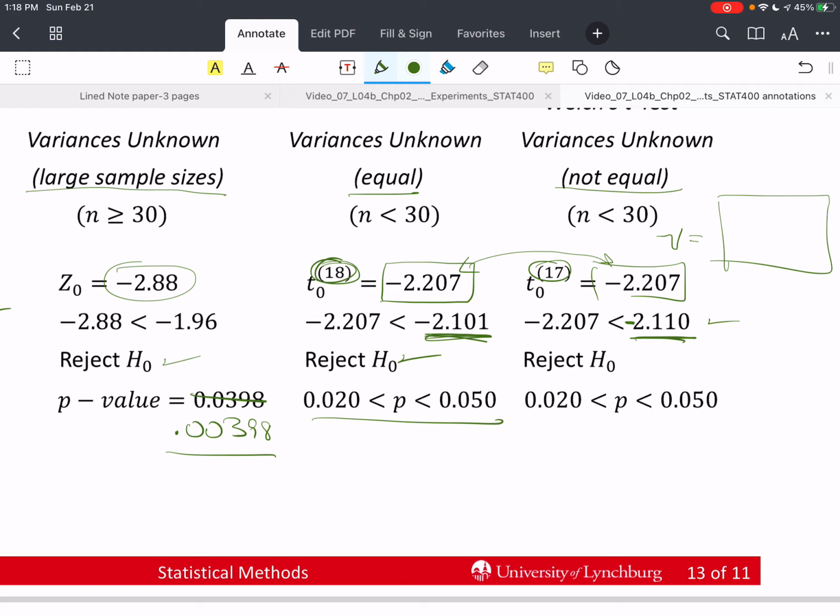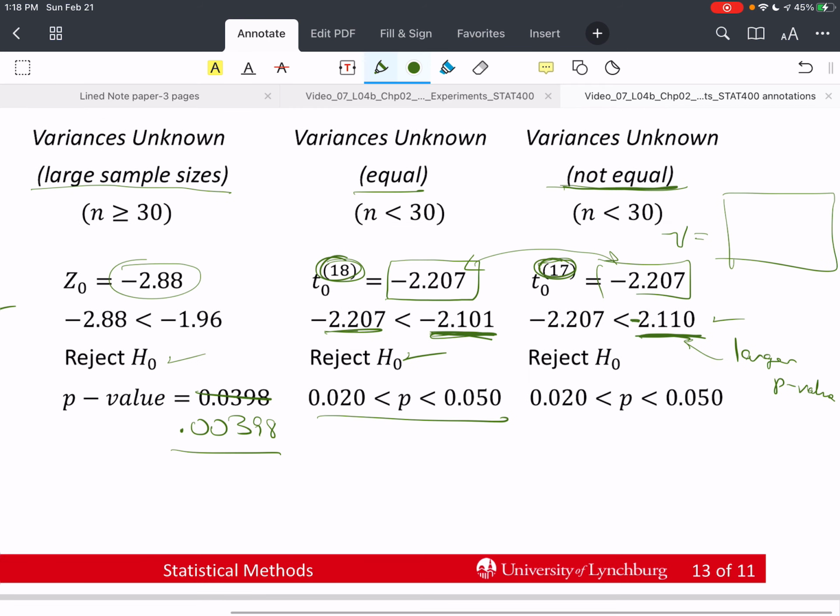But notice that this value is further from this than this value is. So this would actually have a larger p-value, worse or larger p-value. In other words, it's more difficult to reject when you have lower degrees of freedom.